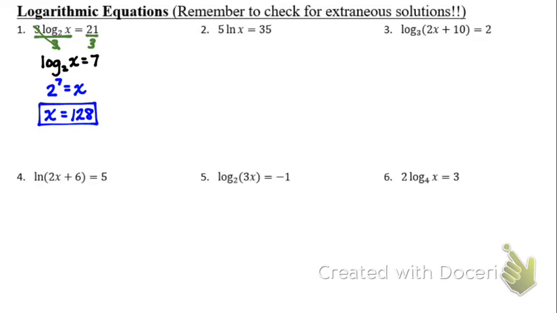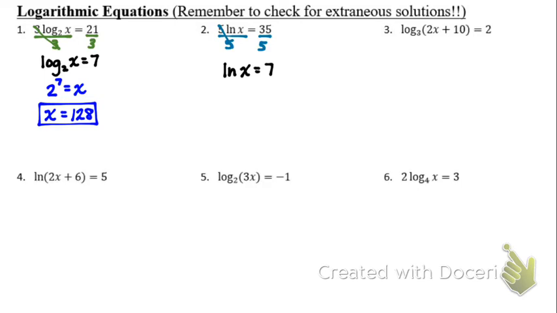Number 2. Tell me what to do. Divide both sides by 5. So I get the natural log of x equals 7. Can't divide by natural log because it's not being multiplied. Remember, logs are their own operation. What undoes a log? What's the inverse?